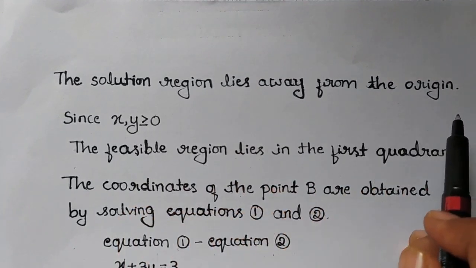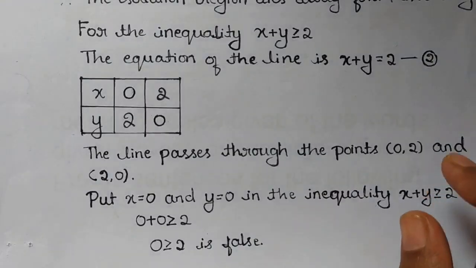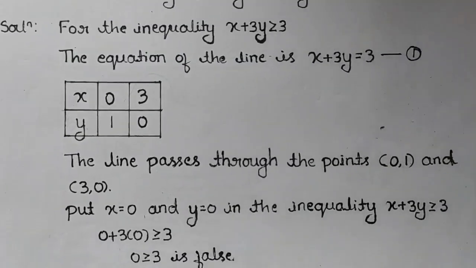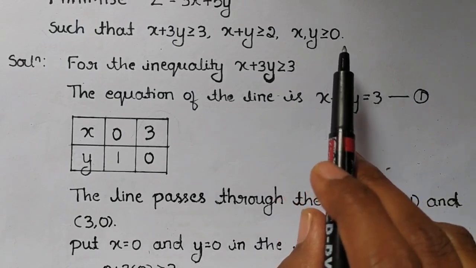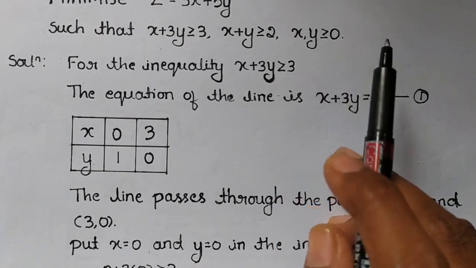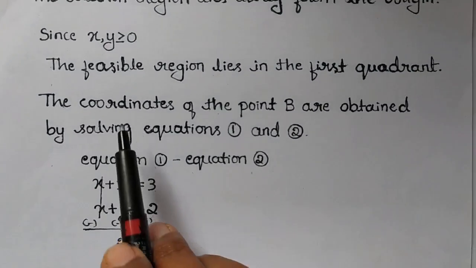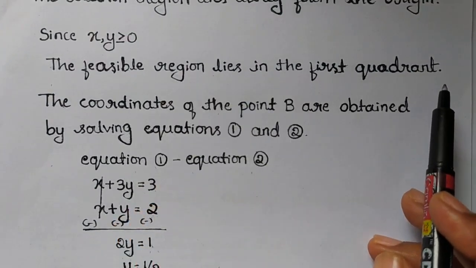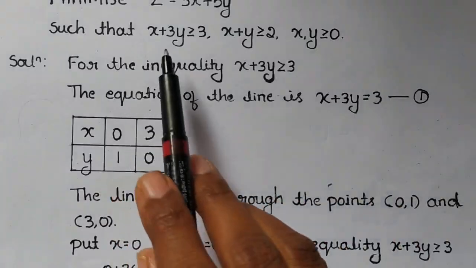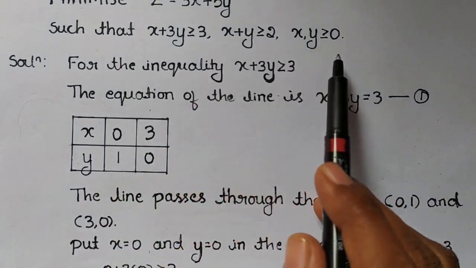This is about second inequality. Now the next inequality in the given question is x, y greater than or equal to 0, which are non-negative constraints. This implies that the feasible region lies in the first quadrant. I have discussed all the inequalities given in the question.